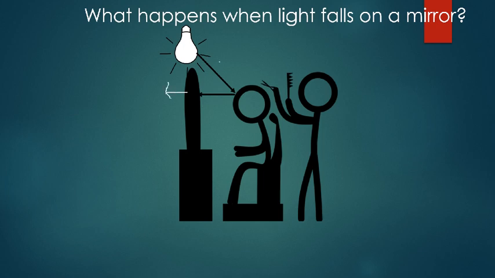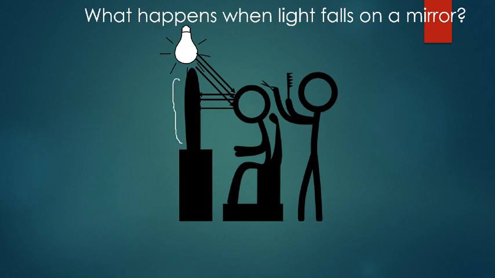So this light here falls on our body and it reflects on the mirror. Here in this picture, I have shown you only one ray. It can be plenty of rays. When the light falls on our body and then it is sent back on the mirror, we see an image there.